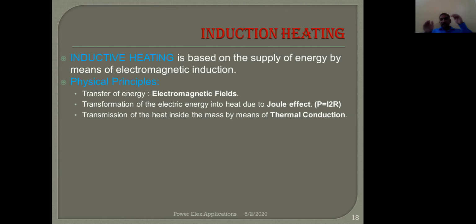Then the heat penetrates in depth using thermal conduction, because that metal has to be heated fully up to a level of 1200 degrees centigrade, etc., if it's a forging application.